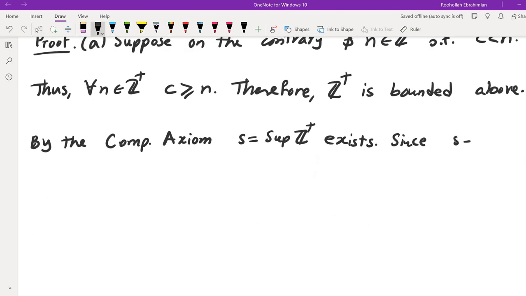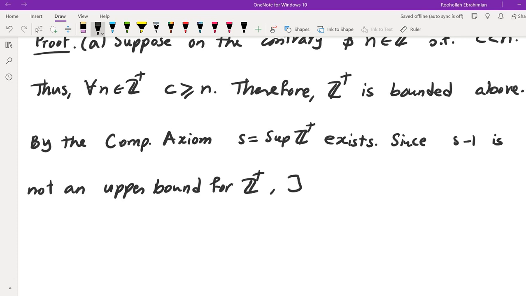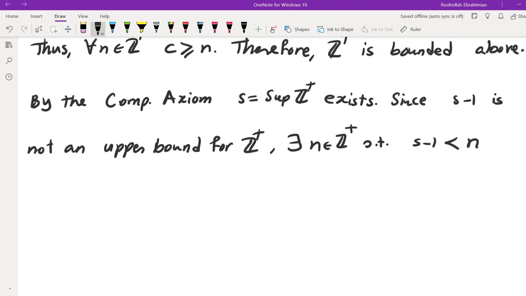Since s is the least upper bound, s minus 1 is not an upper bound for Z plus. So there is some positive integer n such that s minus 1 is less than n, because it's not an upper bound, therefore it is less than something in the set.